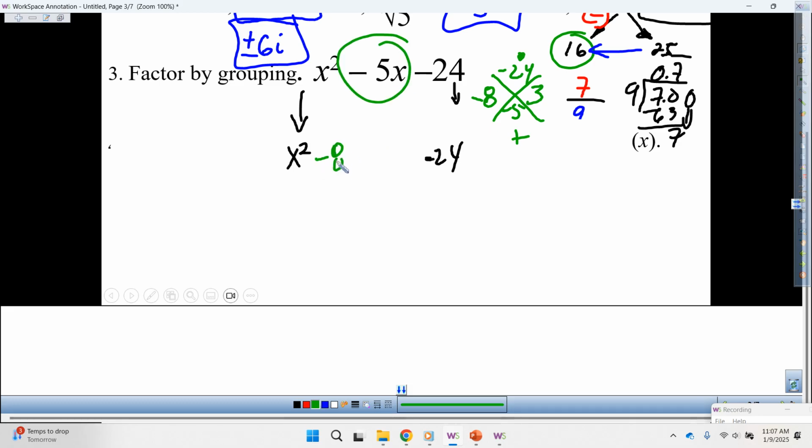Instead of that, negative 8x plus 3x. That is correct. And then parentheses, group. So GCF for this one.